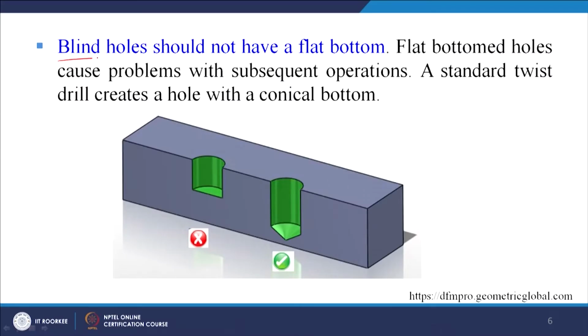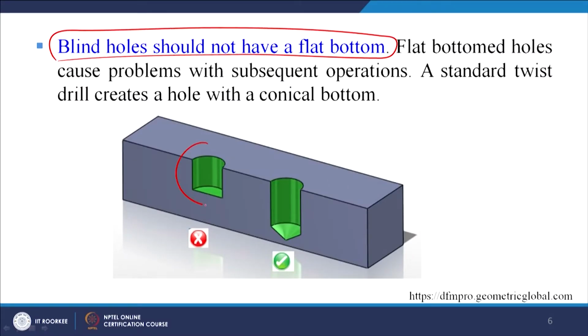Blind holes should not have a flat bottom. This is an example of a blind hole and it is showing a flat bottom here, which is not advisable. It must have a bottom surface like this. Why? Because flat bottomed holes cause problems with subsequent operations.